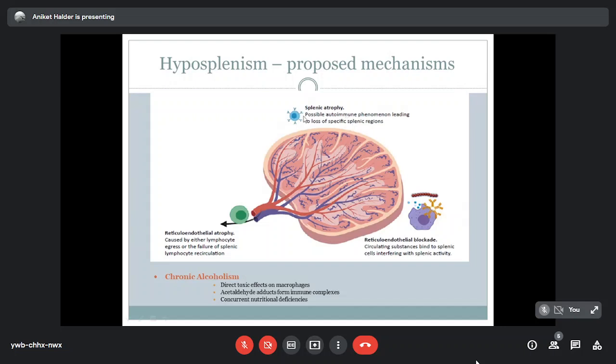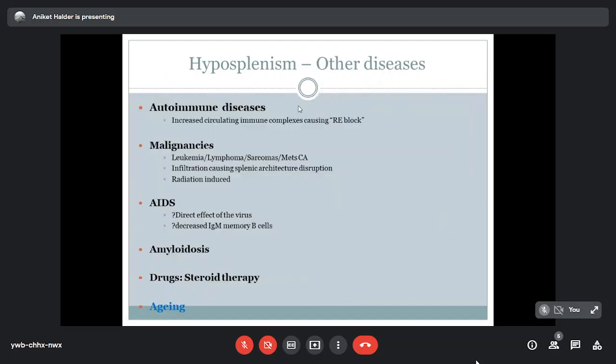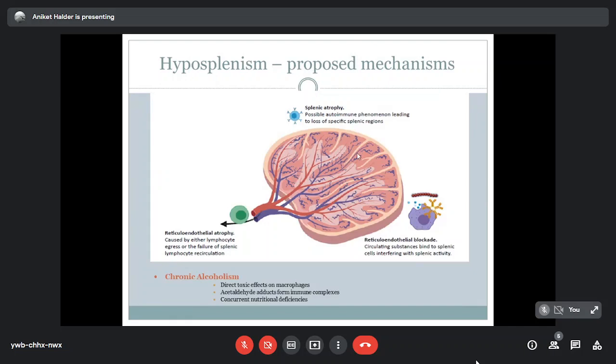So the main pathogenesis behind splenic atrophy is not known, although the autoimmune phenomenon is likely to be present, which leads to loss of specific splenic regions.